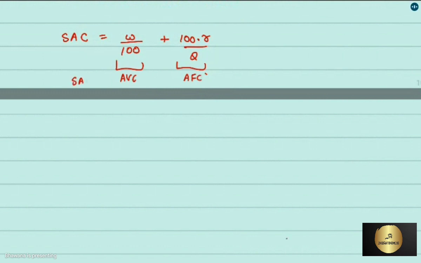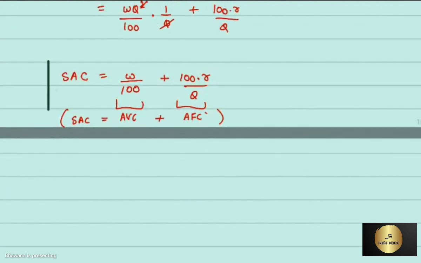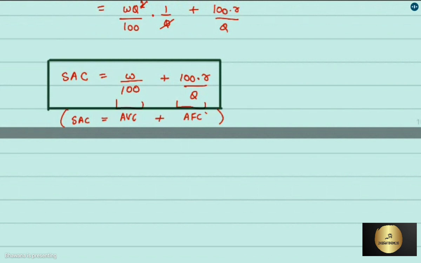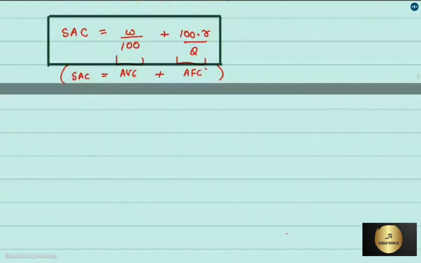And this is your cost function. If you have the values of W and R, you can put them here and you will get the values. Let's assume W is equal to 10 and R is equal to 10. Let's say Q is equal to 100.